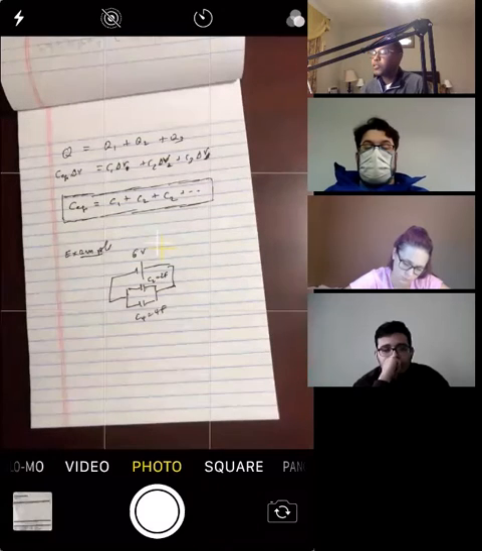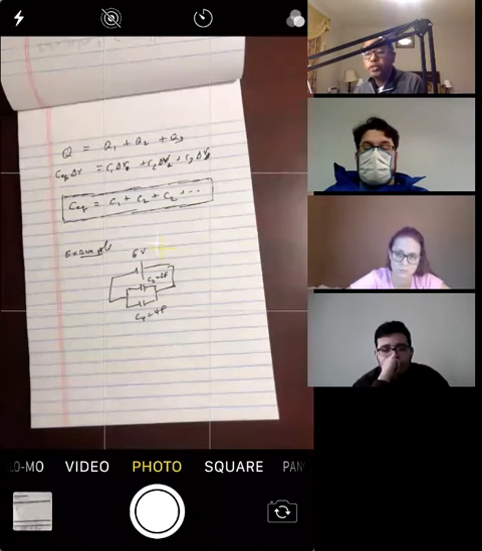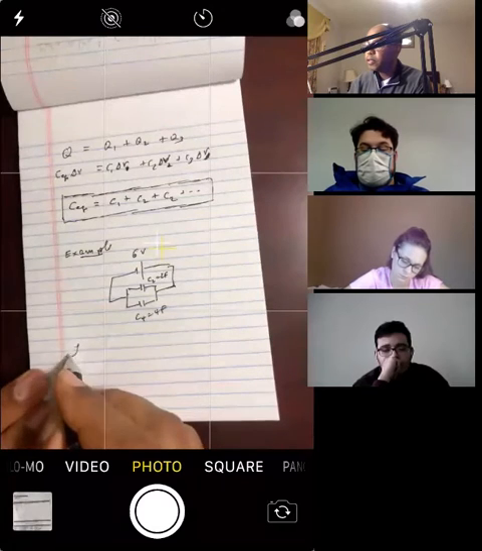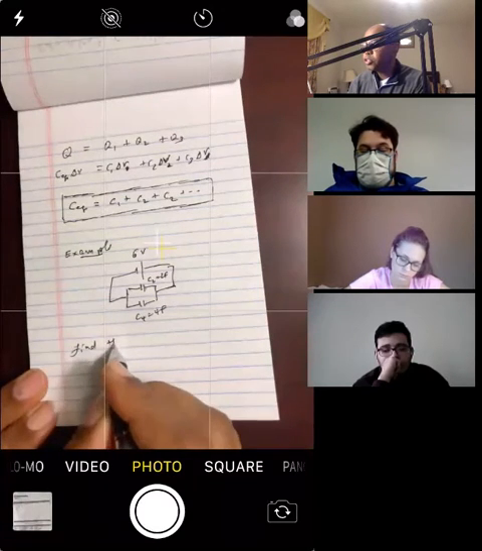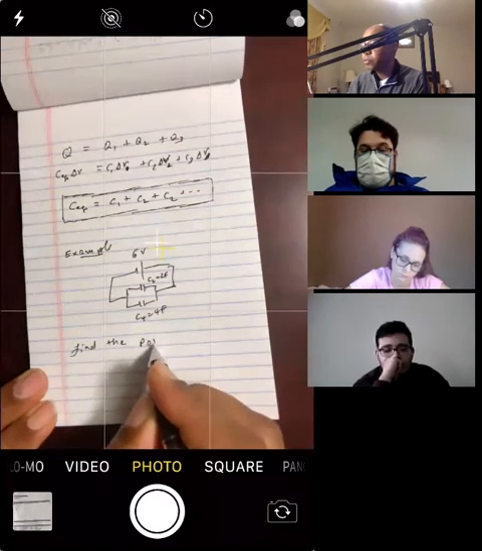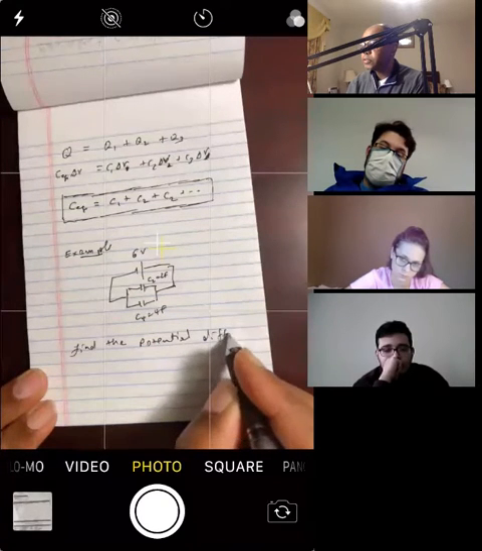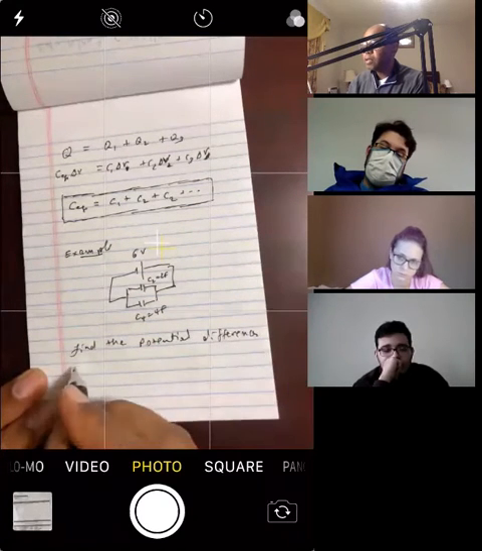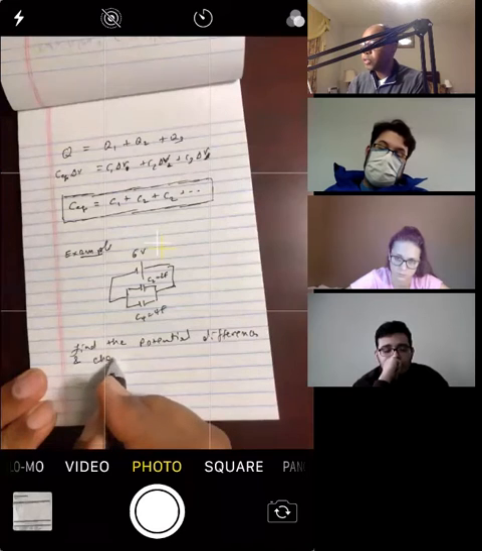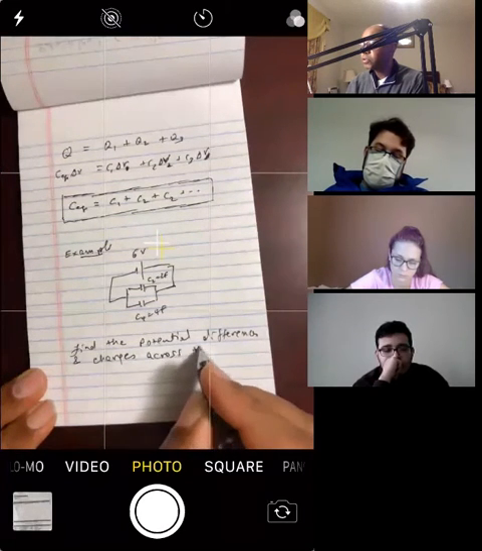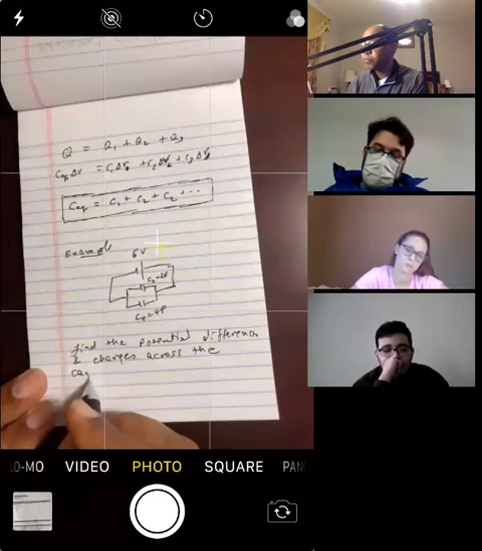The question is to find the potential differences and charges across the capacitors.